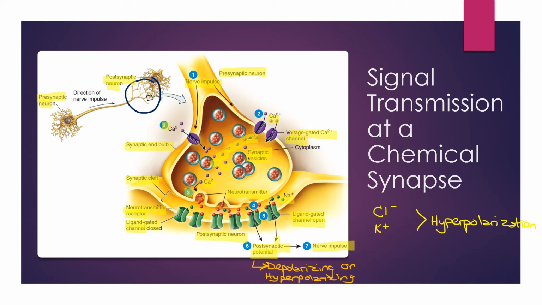In these cases, remember chloride will move into the cell to bring it more negative, and potassium ions will leave the cell, also resulting in making the postsynaptic neuron more negative.